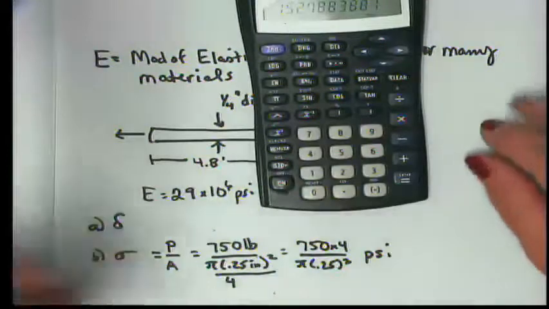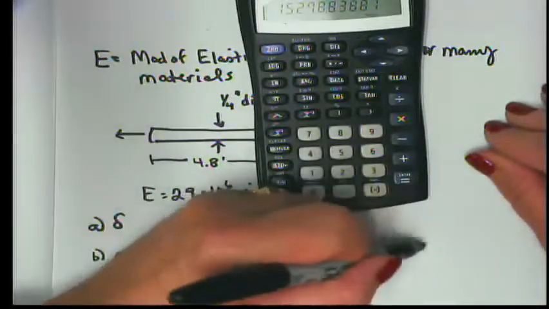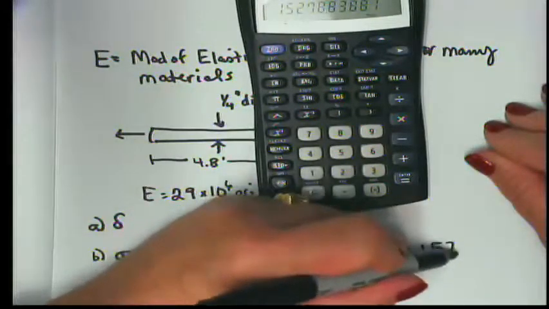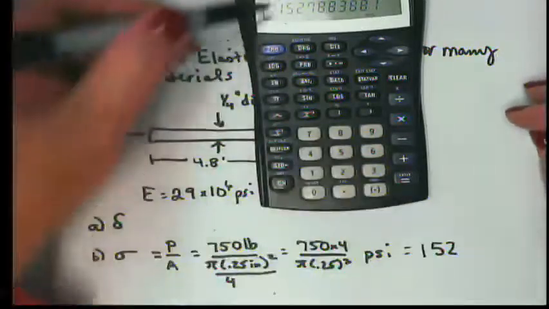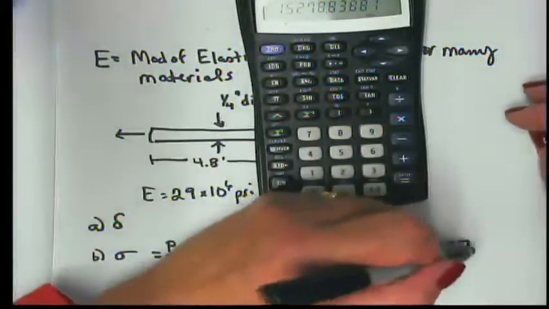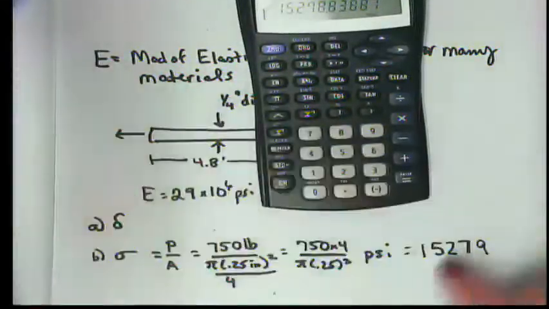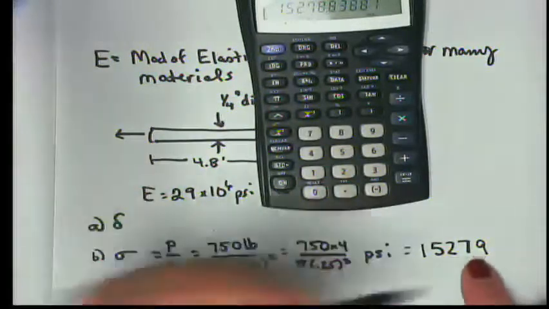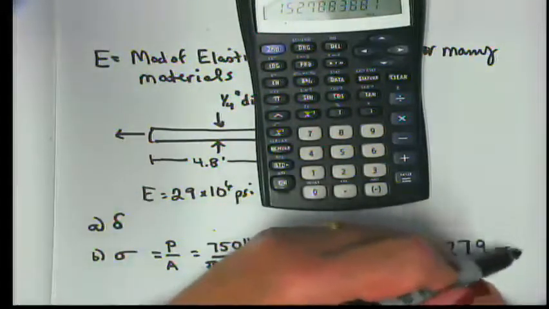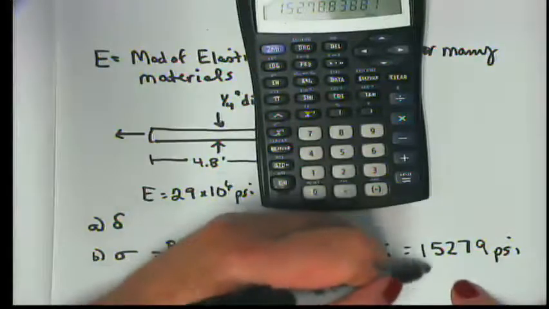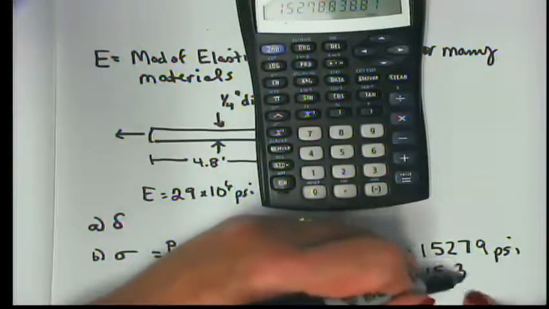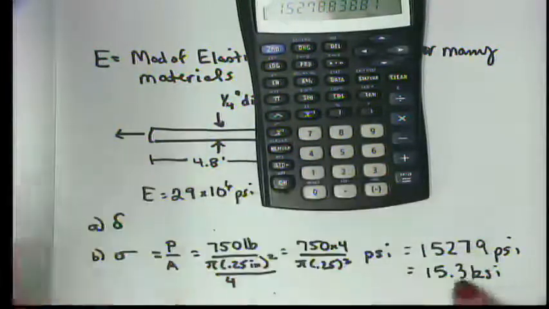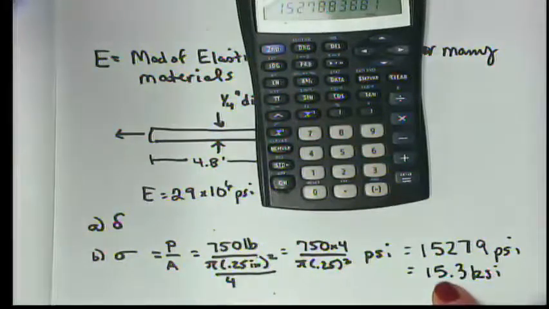And so my answer is 15,279 psi, which I could also write as 15.3 ksi. This is a better use of significant figures.